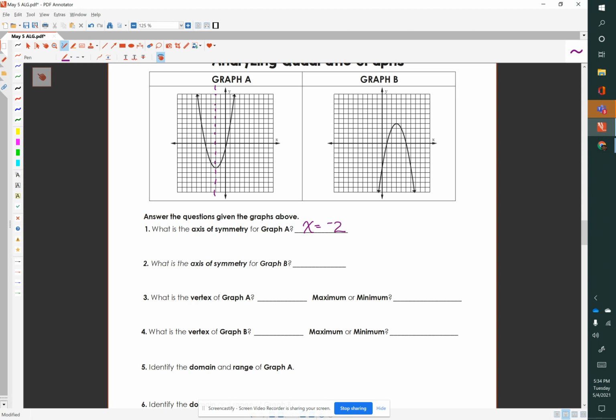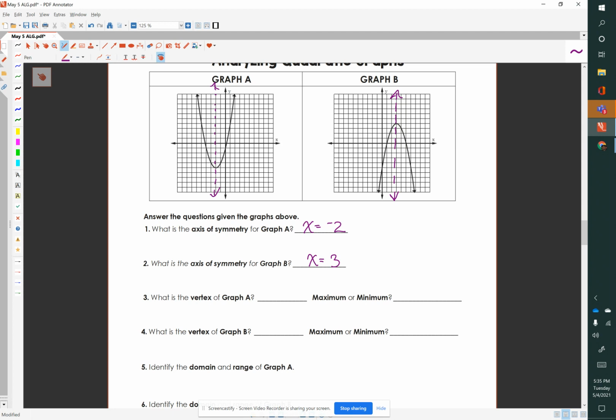And the axis of symmetry for graph B is right here. I should put arrows on those. And the axis of symmetry is x equals 3. We're counting each one of these units as 1.